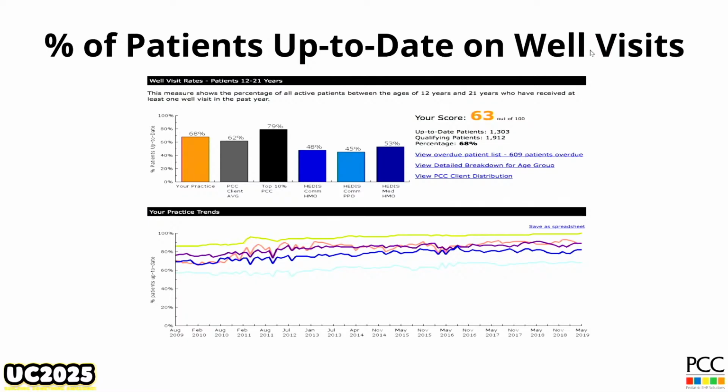And then there's some other HEDIS benchmarks for each well visit rate measure as well. Towards the bottom of any well visit rate measure page is a trend. So you'll see your monthly trend, and each line represents a different age group. There is the ability to save that as a spreadsheet if you want to look at your monthly trends for well visit rates.